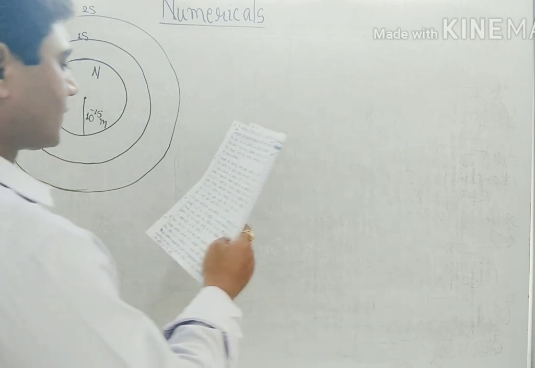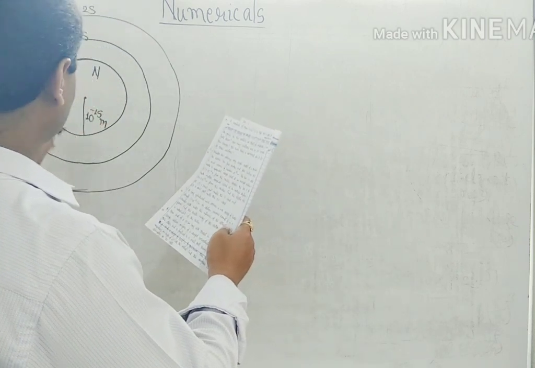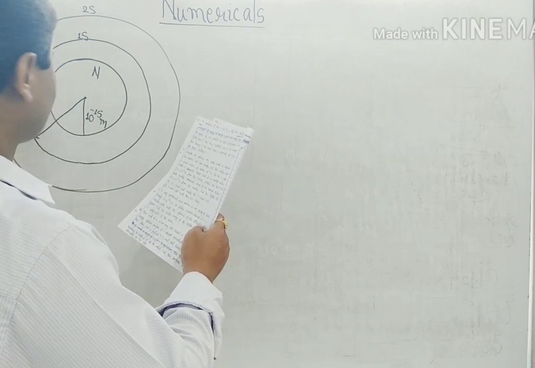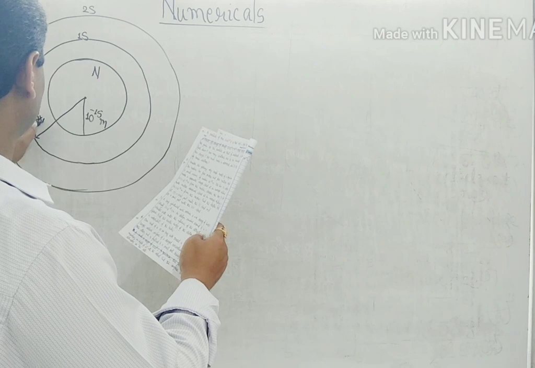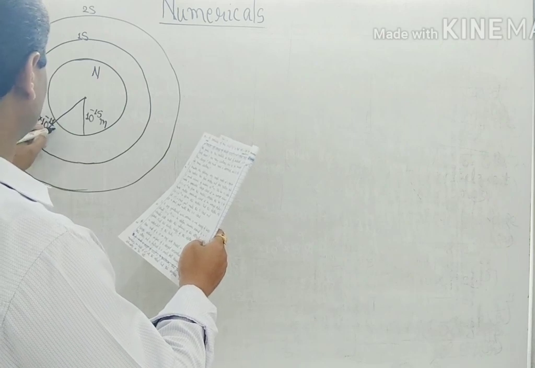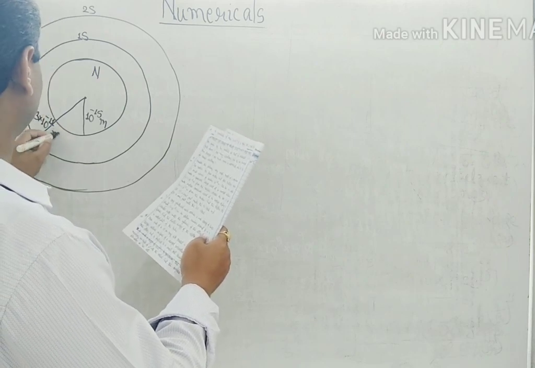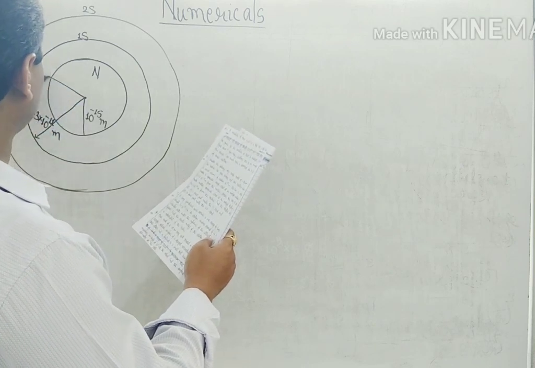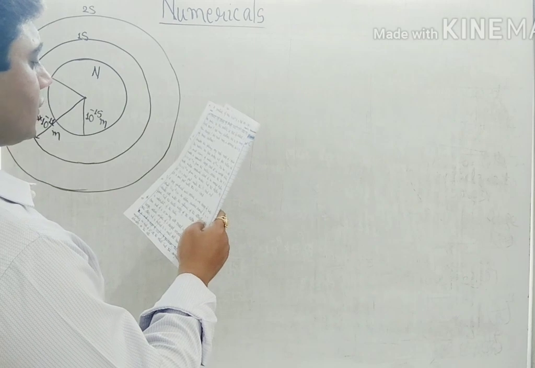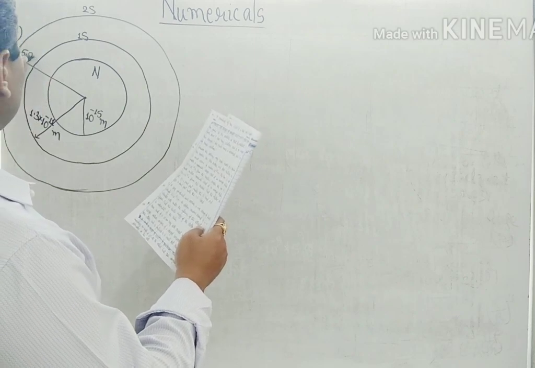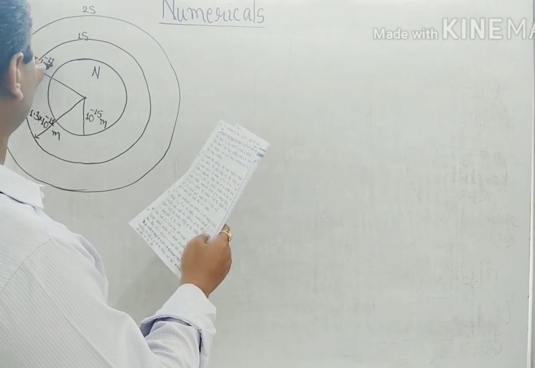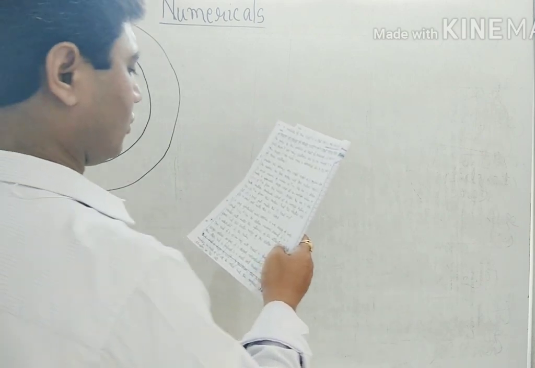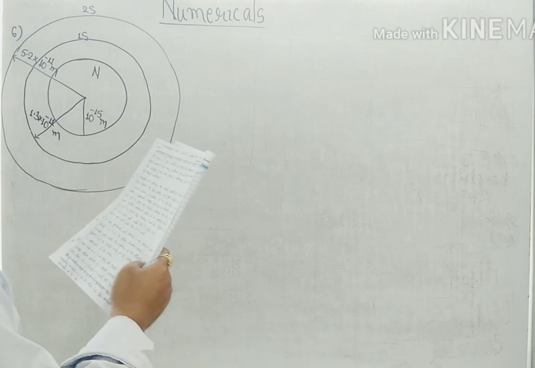So this 1s is given an average distance of 1.3 into 10 to the power minus 11 meter, and this second one, 2s, is given 5.2 into 10 to the power minus 11 meter. This is the second cloud.